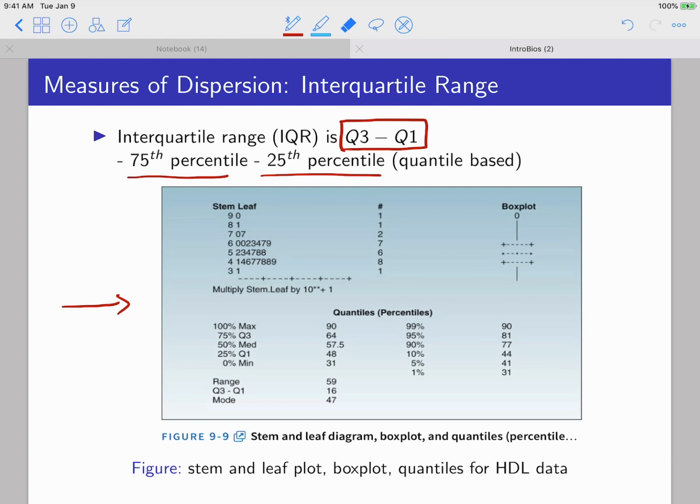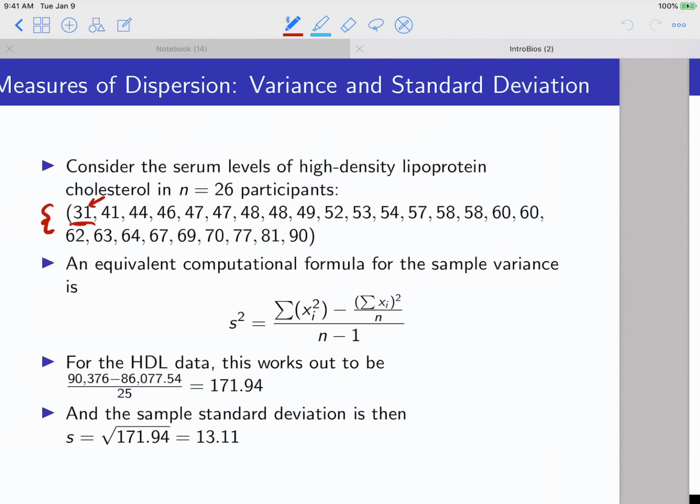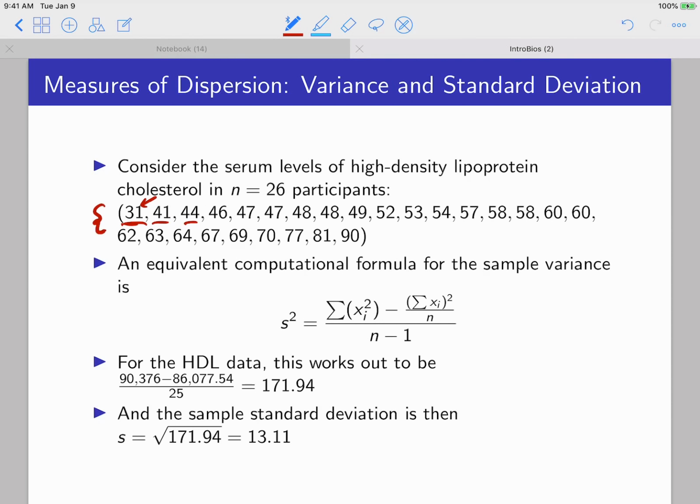So 1, and we have one of those data points in the 30s. Okay, let's move up to the next one. That would be in the 4th place. If we go back and look at how many numbers we have that are in the 40s, we've got these, and the leaves in the stem and leaf plot will be these digits in order.